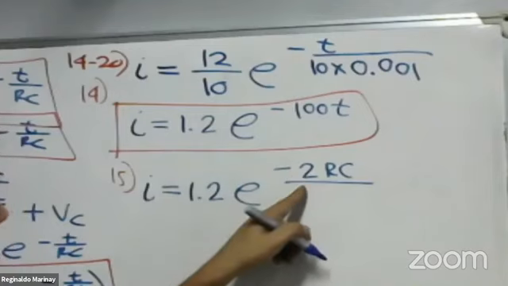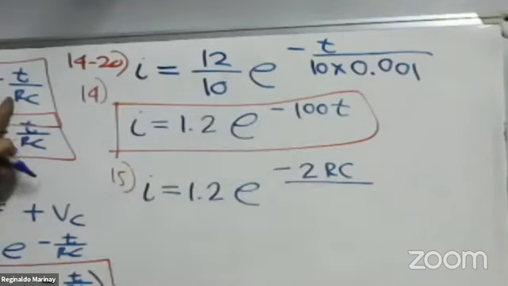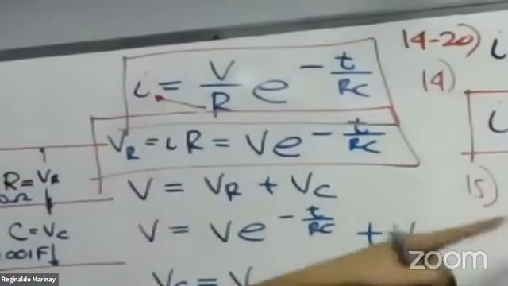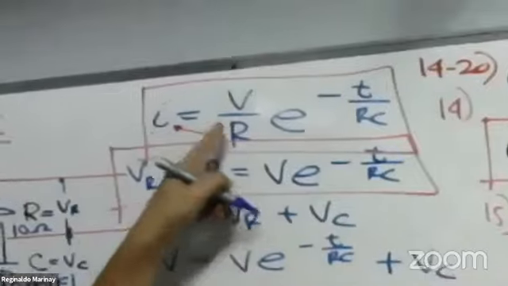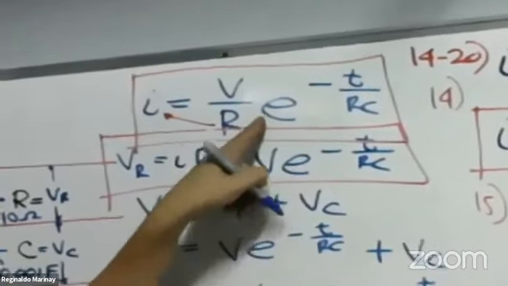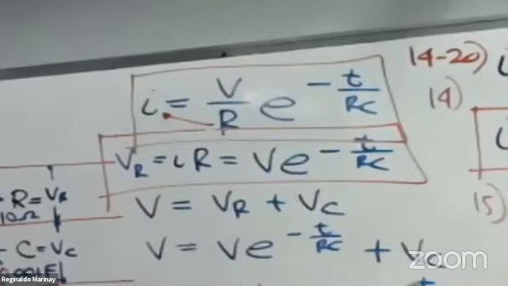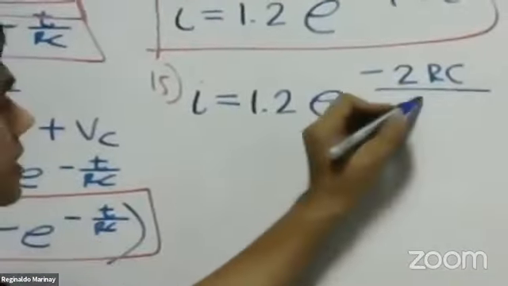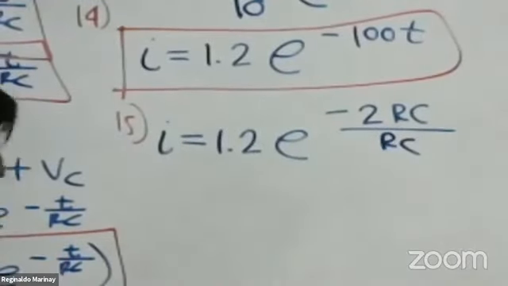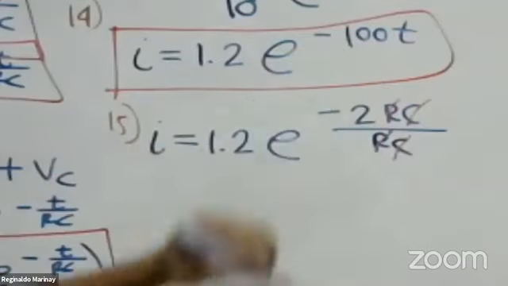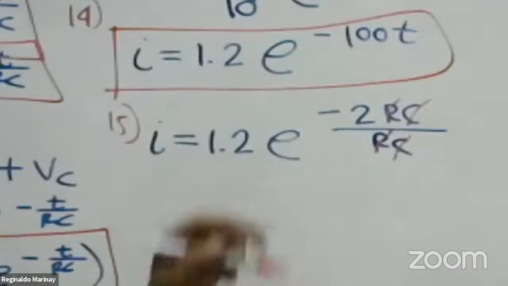Then that is over what? In our formula, please focus here. This is V over R, that's already 1.2 amperes, because that is our ampere. So our e raised to negative t over RC. So we have, our time is negative 2 RC, then this is RC, so this cancels out, no? So this will just become e raised to negative 2.